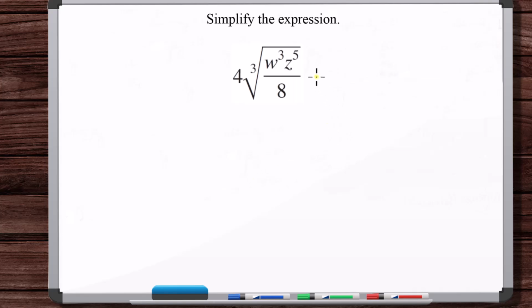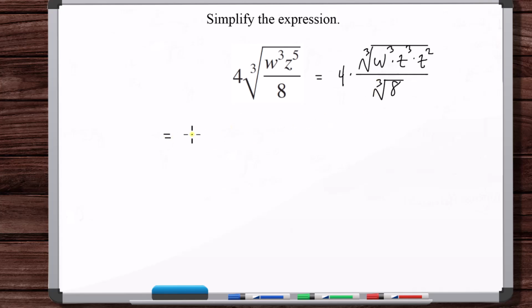Okay, let's see. We've got 4 times, and then we can do, so w cubed times z cubed times z squared, like that.